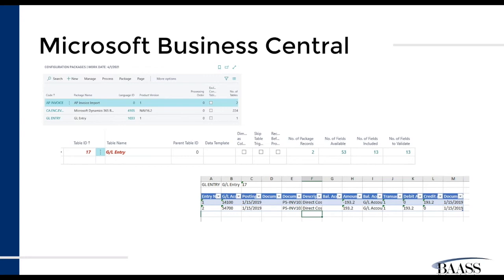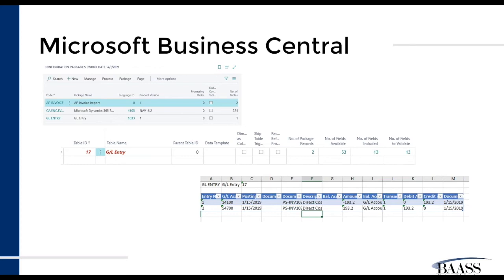So I've given an example here where there's 3 different options, but let's talk about 2 of them, being an AP invoice and a GL entry. We create all of the imports in the same type of screen. So it doesn't have the file import like we saw with Sage 300. It has a different screen called configuration packages, where all of the types of imports that we use will be listed there.